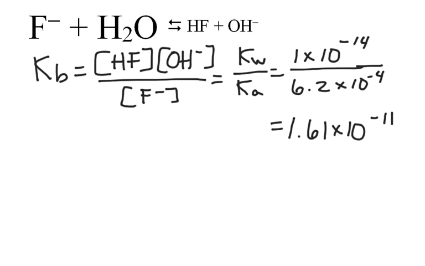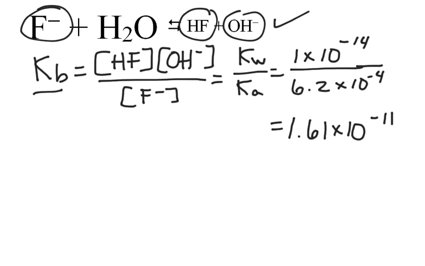Well, we are given the Ka for HF. Now, we're interested in this equilibrium here, which is the base, the fluoride being the conjugate base. So we can set up our Kb expression: HF times OH minus divided by the concentration of F minus.